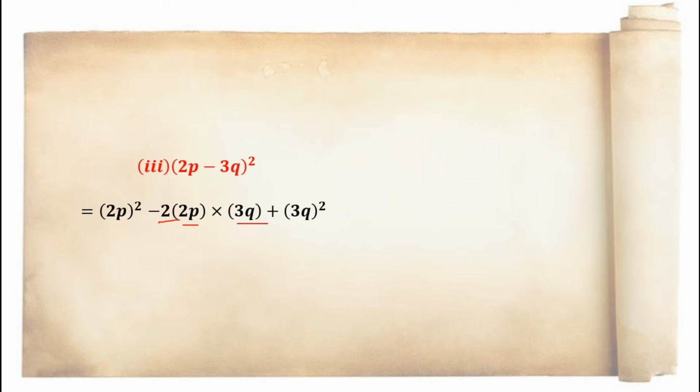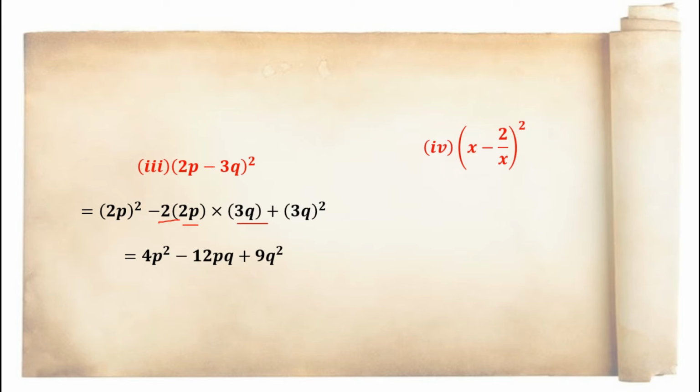And thereafter you see that (3q) raised to 2 means 9q raised to 2. So here you will see the step 4p raised to 2 minus 12pq plus 9q raised to 2, like this.